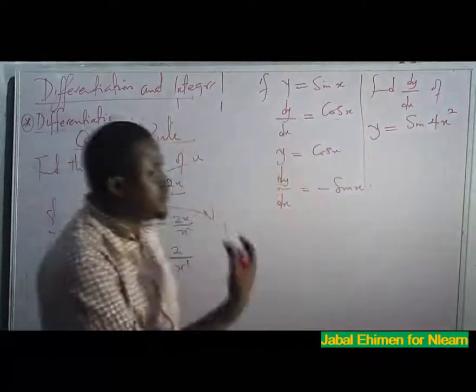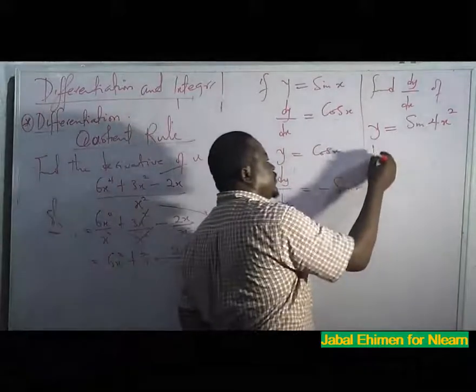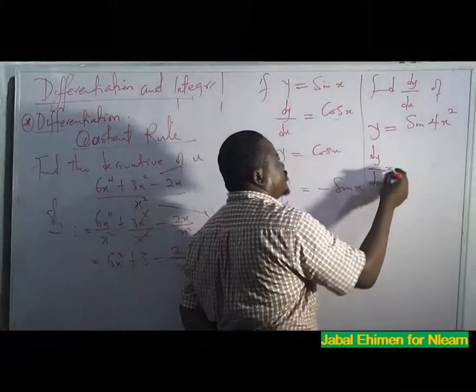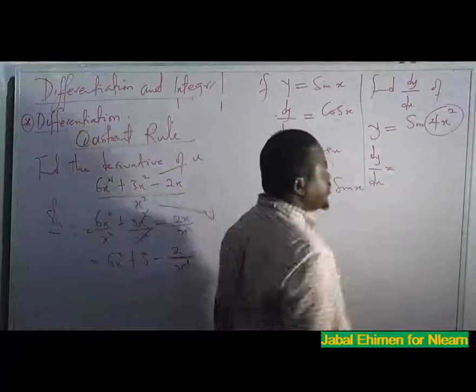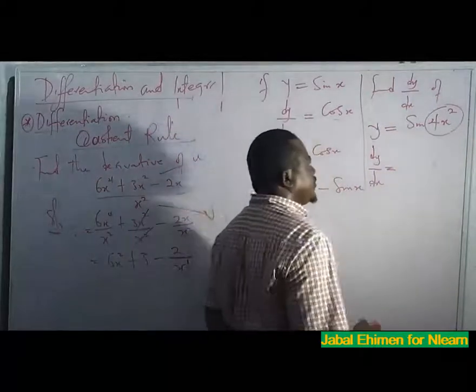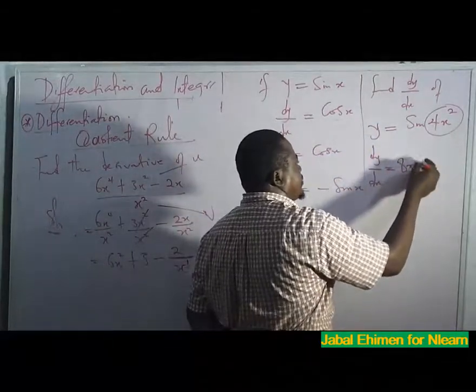You have to find such a value. It's simple. Dy over dx. Let's use the shorter method. Just differentiate this thing. When you differentiate that, that's 8x. That will be 8x times.